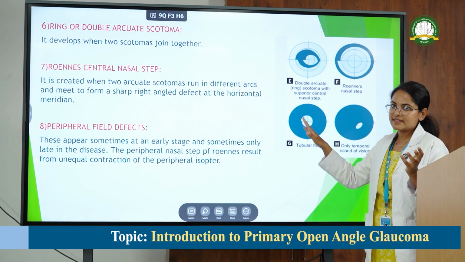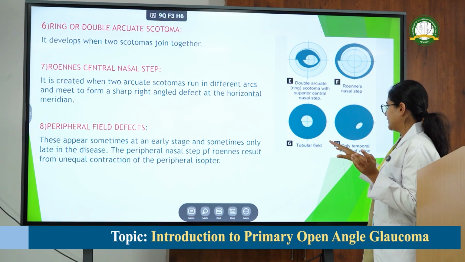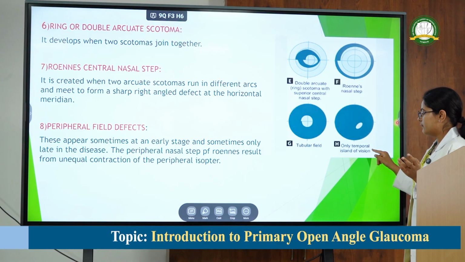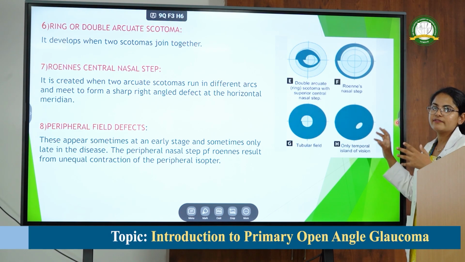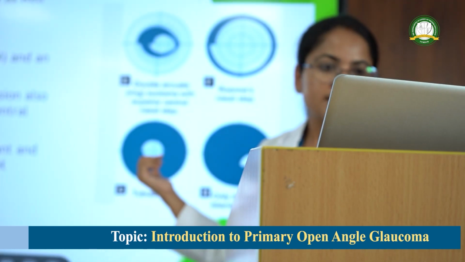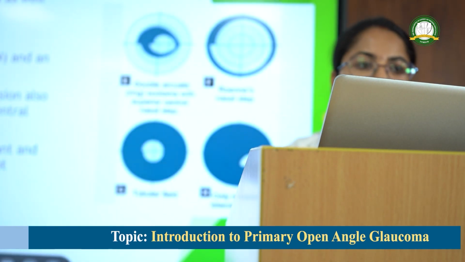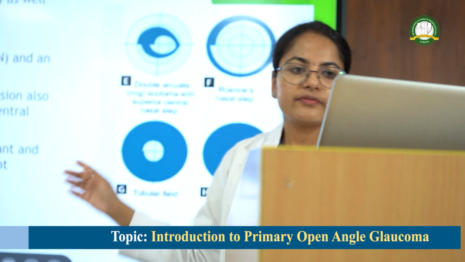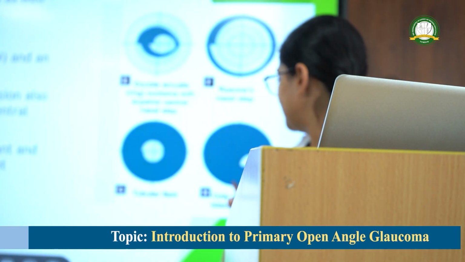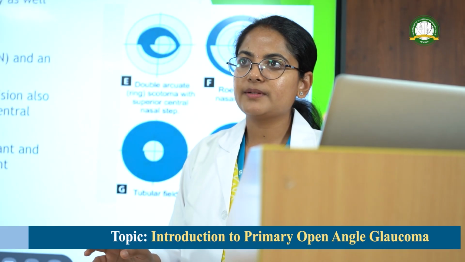If temporal fibers are affected, we will get defects in the nasal visual field. So the last to be affected is the temporal island of vision. So nasal fibers are the last to be affected. Advanced glaucomatous field defects. What is happening here? There is gradual spread of the defect peripherally and lastly only a temporal island of vision is left.